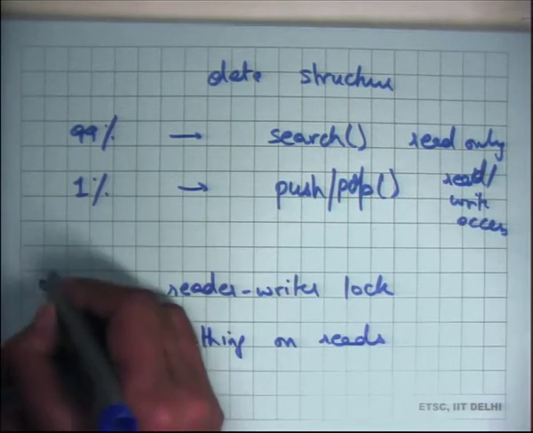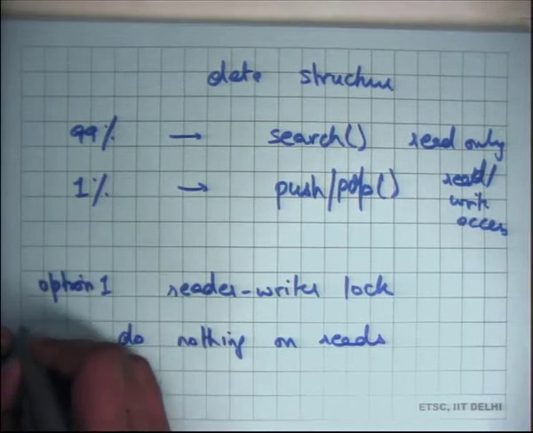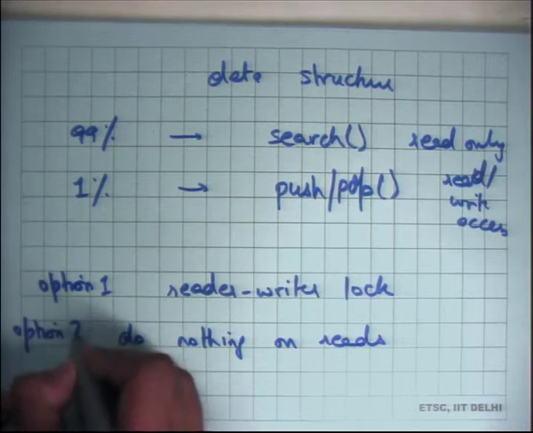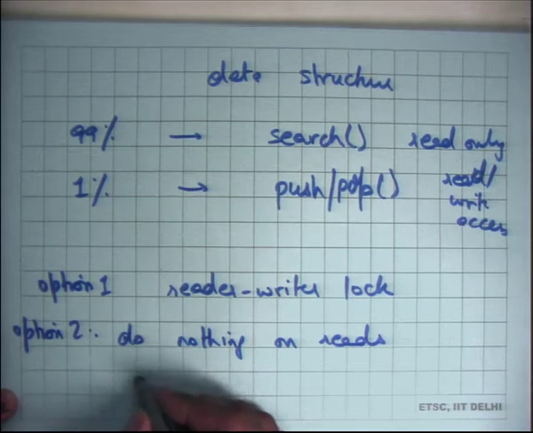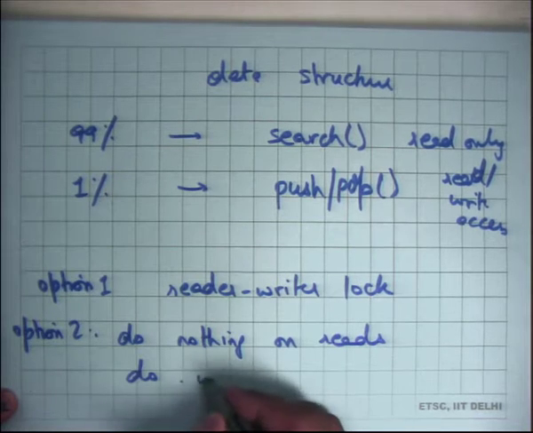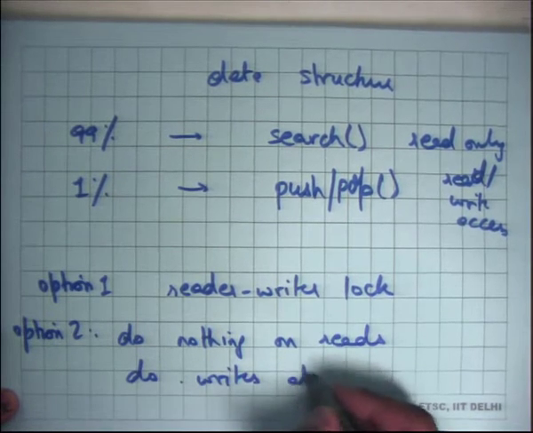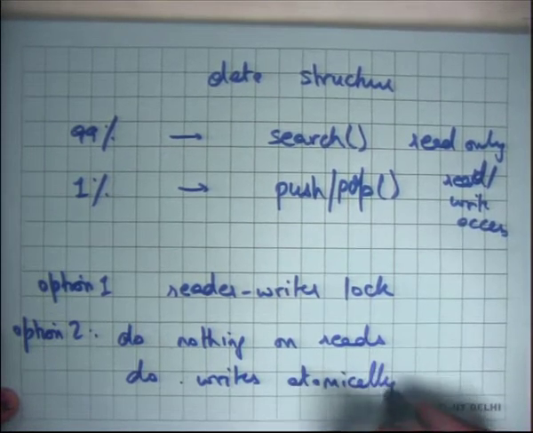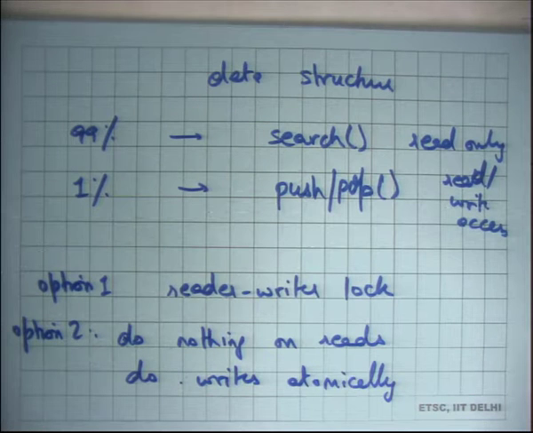Okay, this is option 1, let's say, and option 2 is to do nothing on reads and do writes atomically. All right, so what does this mean? Reads don't need to do any synchronization, so the code for the search procedure remains exactly the same; you don't use any locks for that.